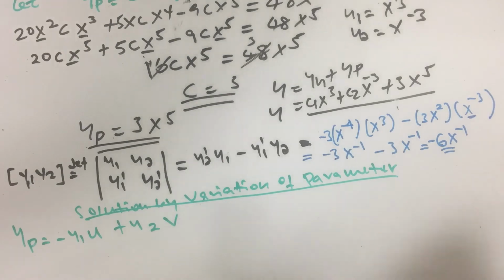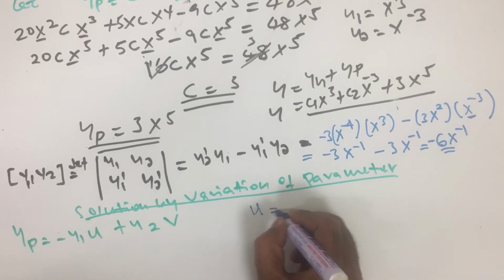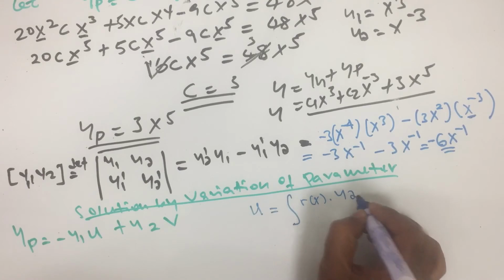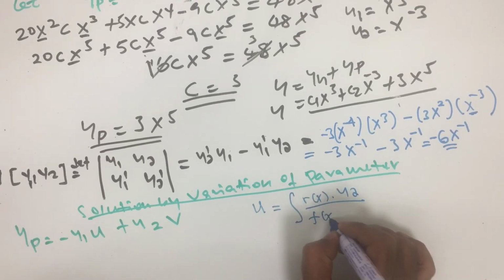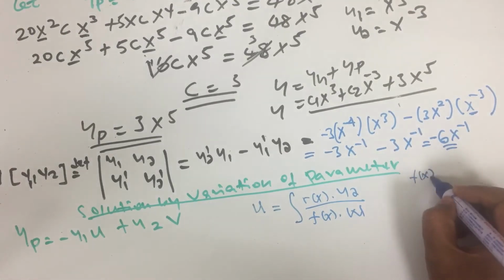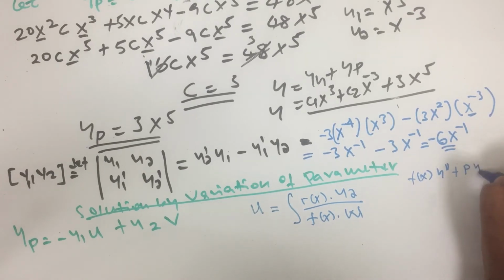Our u is the integration of r of x times y2 divided by f of x times the Wronskian. We know that f of x y second derivative plus p y derivative plus q y equals r of x.